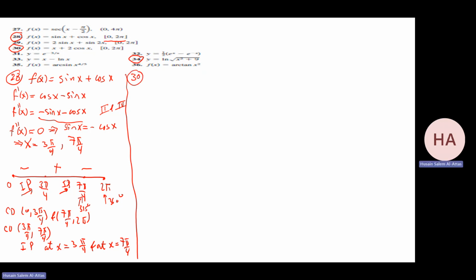By the way, 29 is the same idea, but you need to deal with the calculations. You need to differentiate this sine 2x, but at the end, you need to solve an equation with a calculator. So I will not do 29.